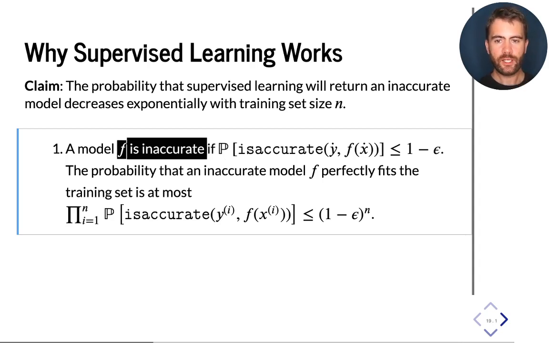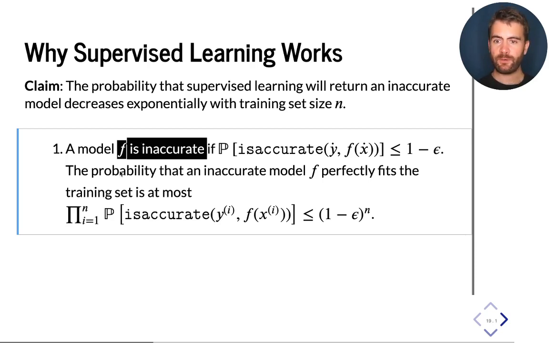Well, I claim that if this model is inaccurate, then this can happen with only very low probability. If the model f is inaccurate, then the probability of f being returned is very small. So imagine that f is returned and it is inaccurate, let's compute the probability of that happening.